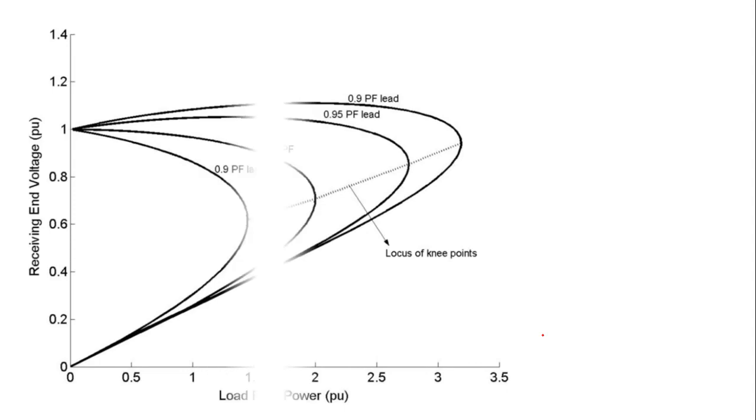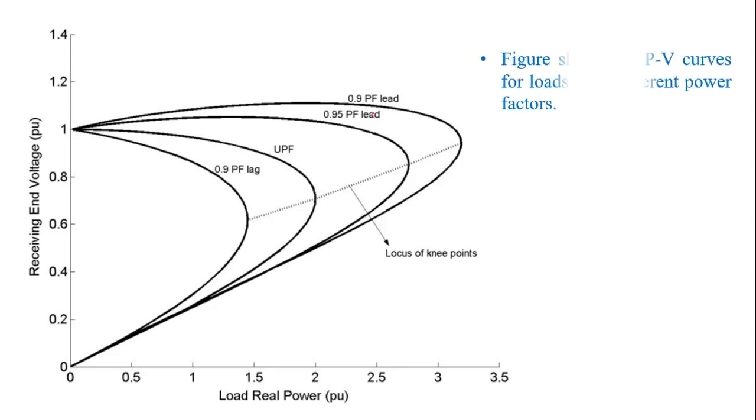So you can see here the typical characteristic PV curves plotted for different load power factors. This figure shows the PV curves for loads with different power factors: for 0.9 power factor lagging, for unity power factor, for 0.95 power factor leading, 0.9 power factor leading.